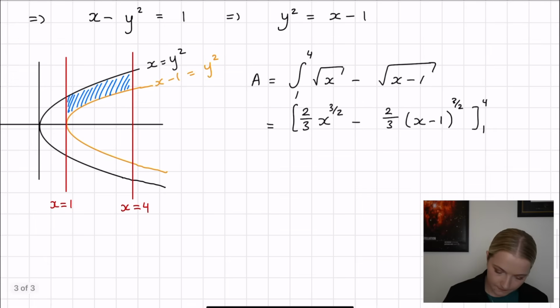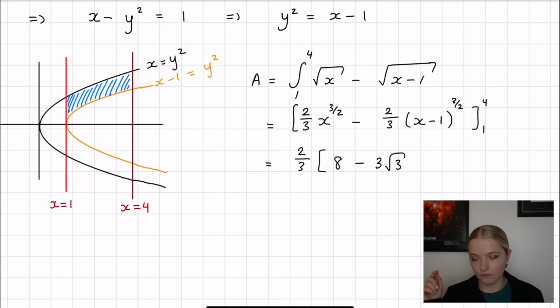Take out the factor of 2 over 3, and then what would we have? We'd have 4 to the power 3 over 2, that's 8. Then we'd have x minus 1, so 3 to the power 3 over 2, that's 3 root 3. And then we'd have the 1 in here.